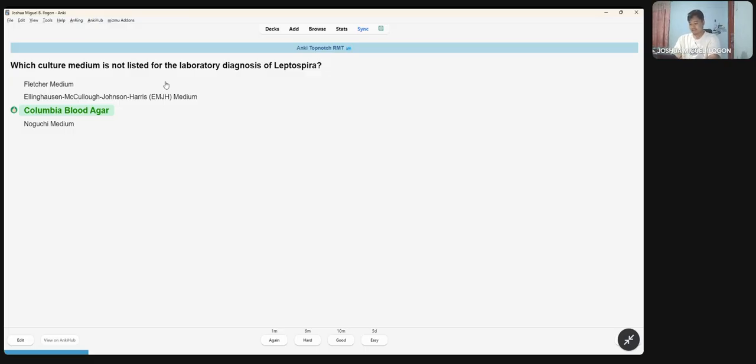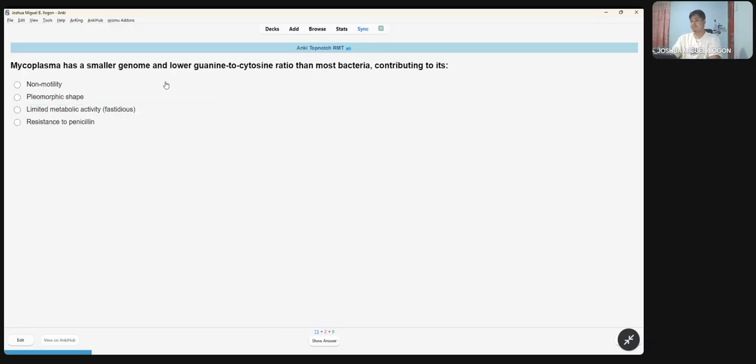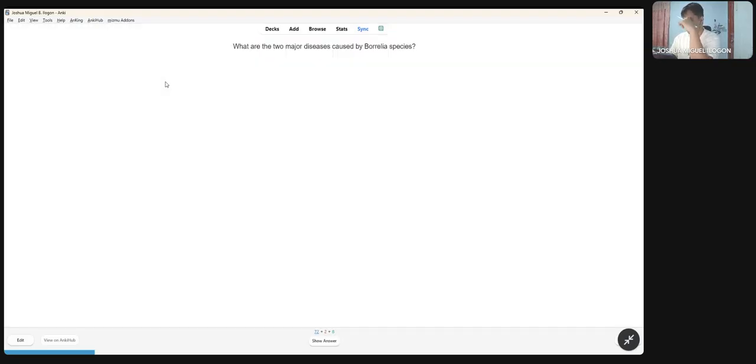Yeah, there it is, EMJH. Bovine. Guanine to cytosine ratio in most bacteria contributing to its symptom, metabolic activity. Guanine to cytosine.